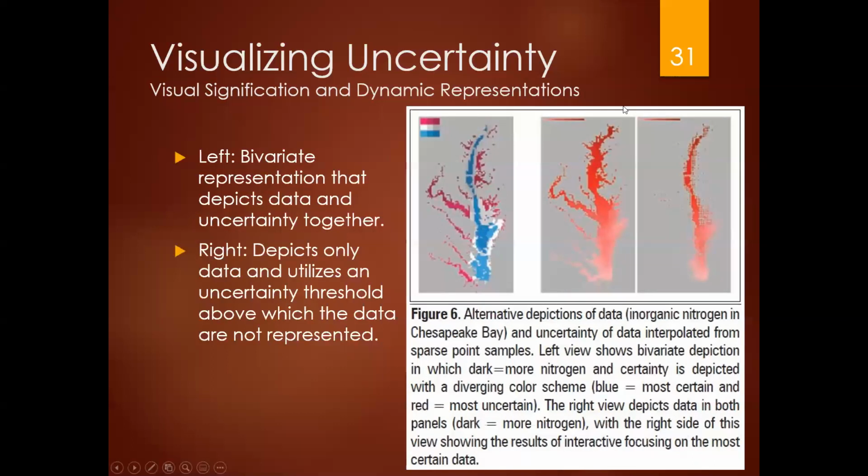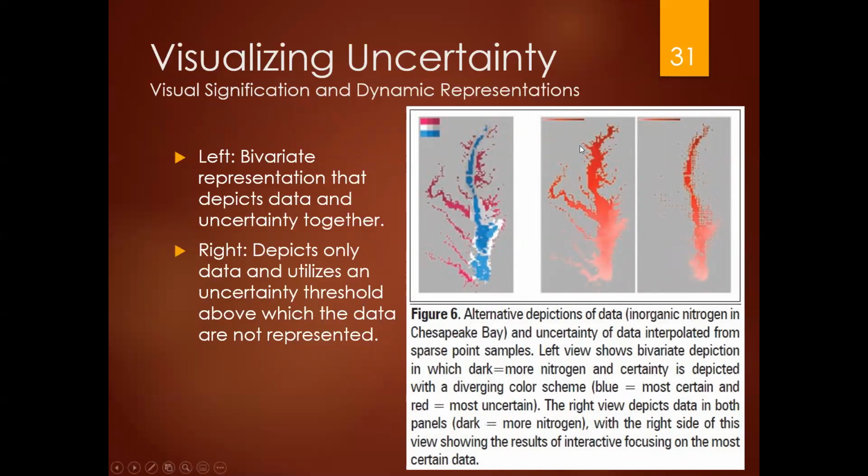On the right side is the case for interactive mapping, or interactive geovisualization, to address uncertainty. It's the same topic. No matter on the left side or the right side, the saturation is for the concentration of nitrogen. But you may have noticed nothing here is used to show uncertainty, because you need to assign a threshold.